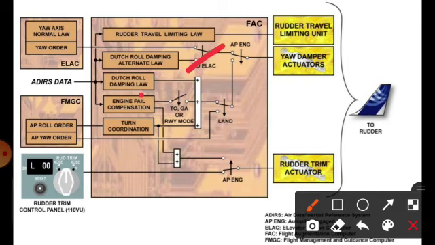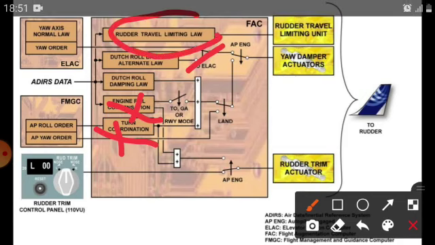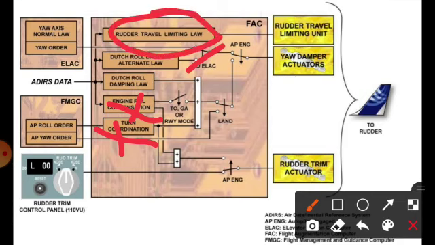In this law you will not have engine failure compensation, turn coordination. Turn coordination will not be available, engine failure compensation will not be available, and the yaw damper actuator will limit this law also. Rudder travel limiting law will be affected also, not completely 100%, but almost.